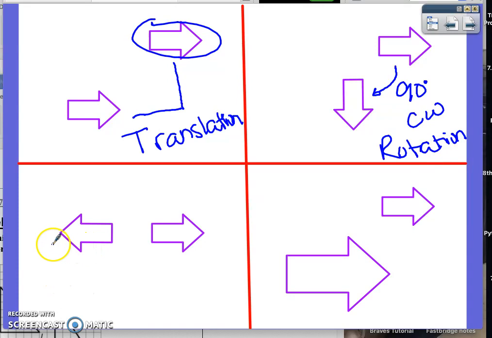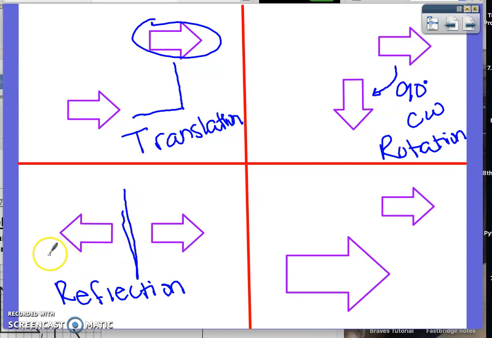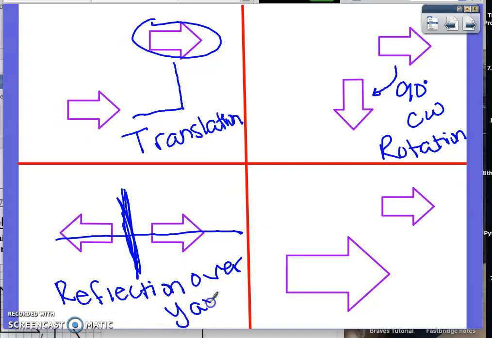This one, first it's looking this way, and now it's flipping over this way, almost a flip. So this would be a reflection. If I had a coordinate plane here, it's reflecting over our y axis.